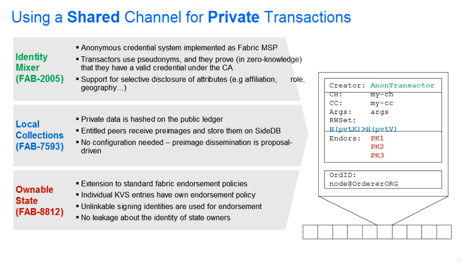Right. So if I understand you correctly, first of all, there will be a single local collection conceptually in the chain code, and a particular key within that might look like some prefix of one of the ownable states, which tells this belongs to that kind of ownable state. And the further portion of the actual key is a hash.